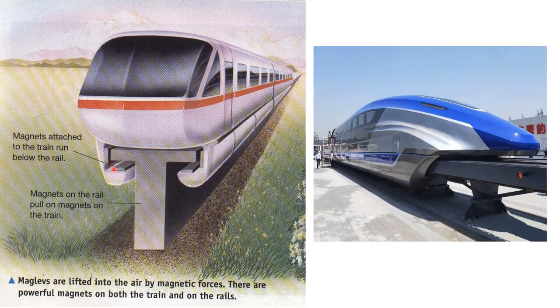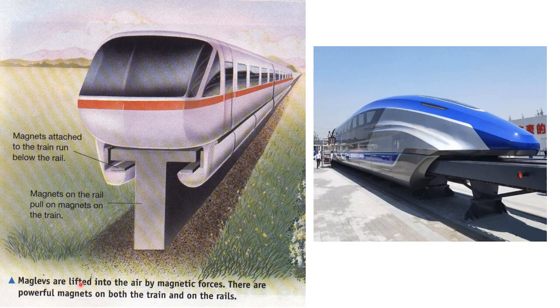These magnets attached to the train run below the rail. One important thing to note here is that maglevs are lifted into the air by magnetic forces. There are powerful magnets on both the train and on the rails.